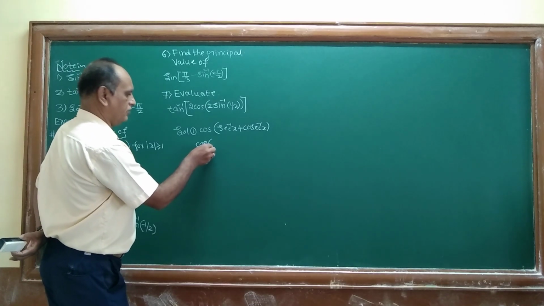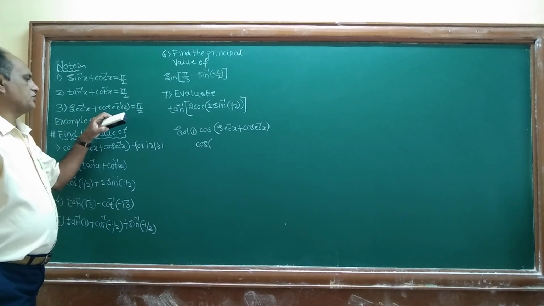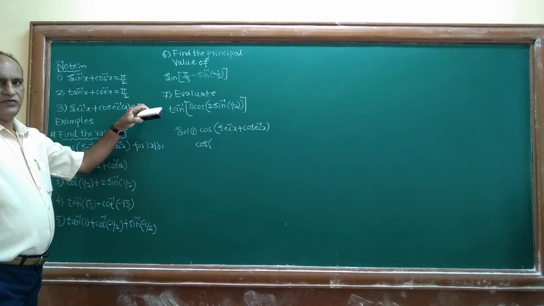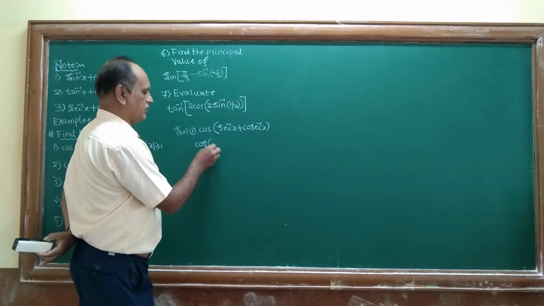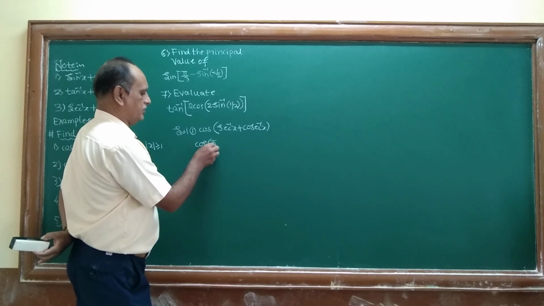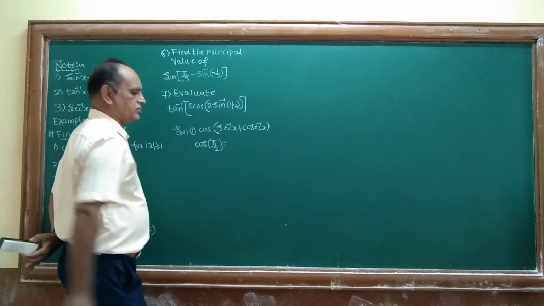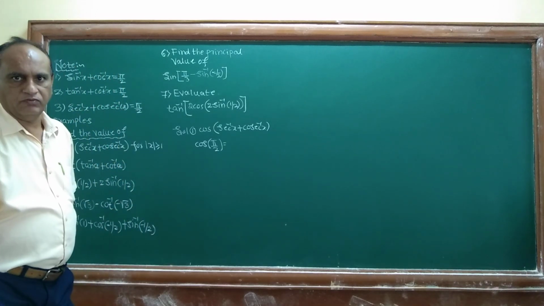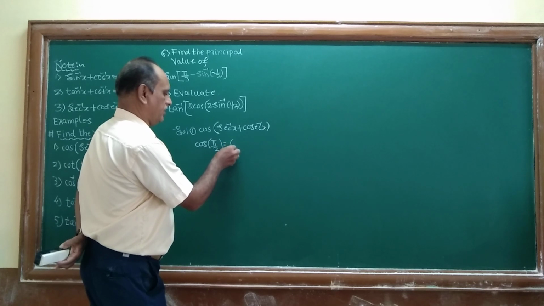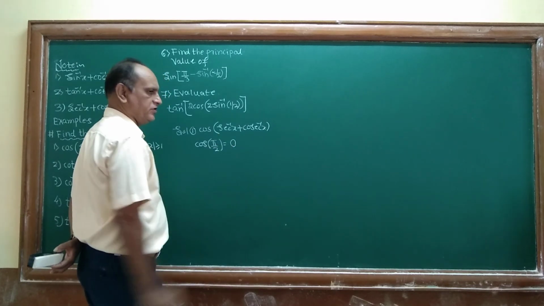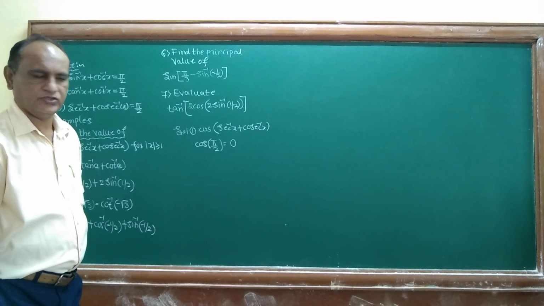Then we know the relation that sec inverse x plus cosec inverse x is equal to pi by 2. We know the trigonometric table, so that is cos 90. The value of cos 90 is 0. Sin 90 means simply 1. On the same line, cos of 90 means 0.